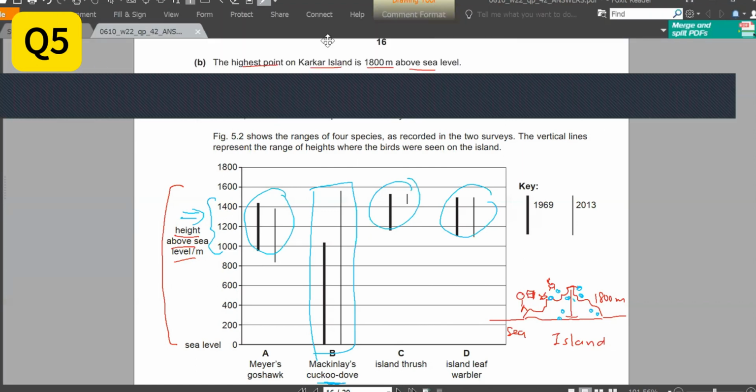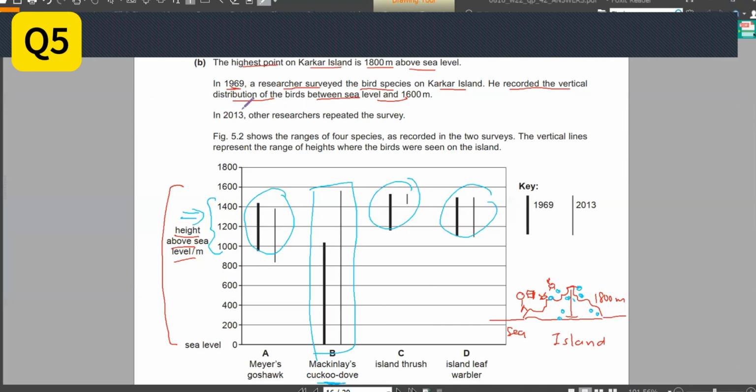In 2013, researchers repeated the survey. This thicker line is 1969, and the thin line is 2013. So we're going to see whether there are any changes happening here. Four species were recorded in the two surveys.